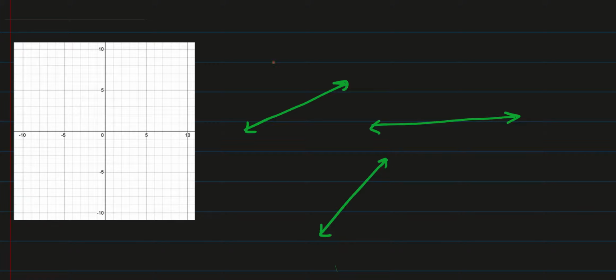So pretend like you're a little car on one of these lines. And if you were driving this car from left to right, so we're starting at the left part of this line and looking towards the right, you notice that you're going up. And I can actually do this for each one of these lines here. And what you want to think of is kind of like these lines are ramps.